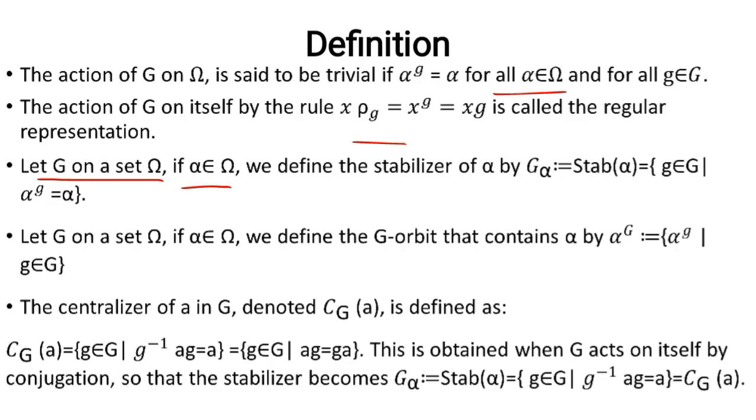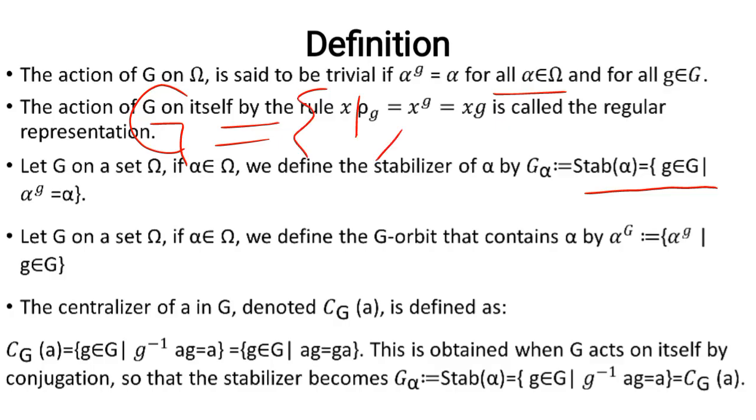Okay, so let G act on the set Ω. If we pick alpha in Ω, we define the stabilizer of alpha, G with the subscript alpha, to be equal to this set here. So it collects all the G's that will always fix the alpha. Supposing G has the set, say 1, 2, 3, right?